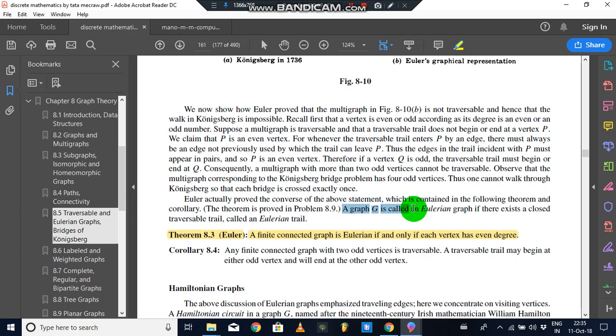A graph G is called an Eulerian graph if there exists a closed traversable trail. So this is called an Eulerian graph. Corollary: any finite connected graph with two odd vertices is traversable. A traversable trail may begin at either odd vertex and will end at the other odd vertex.